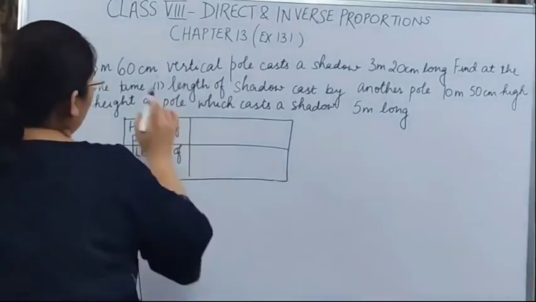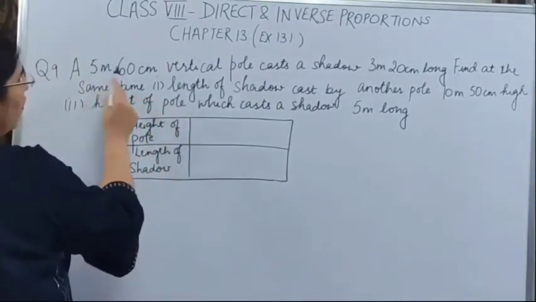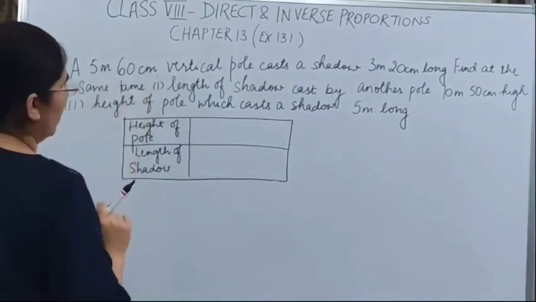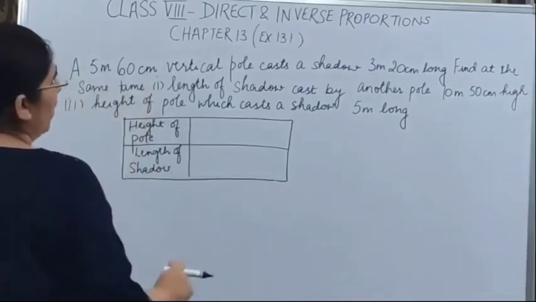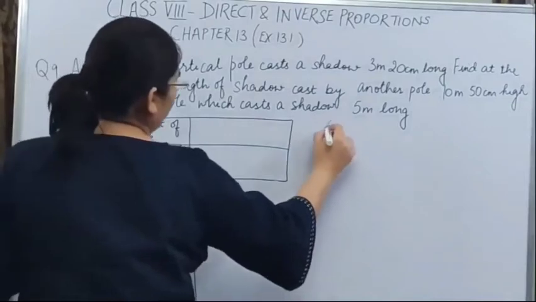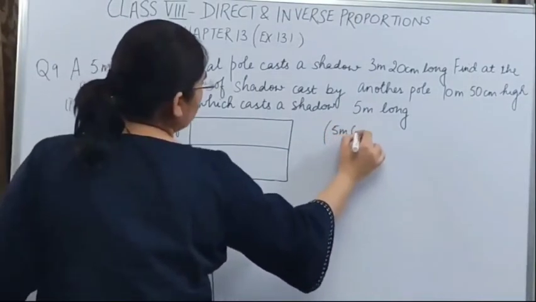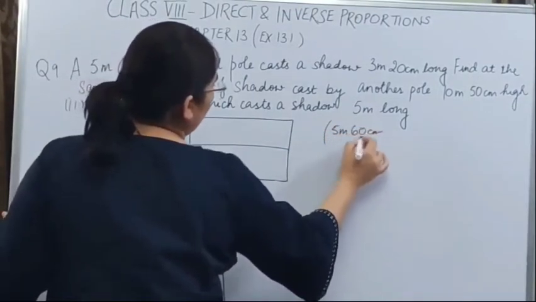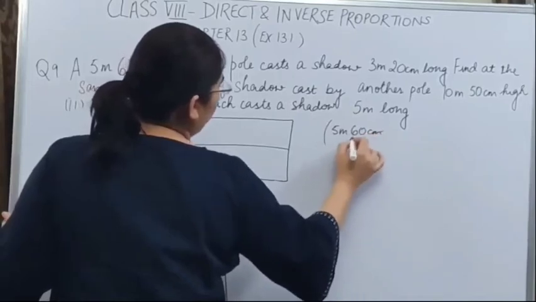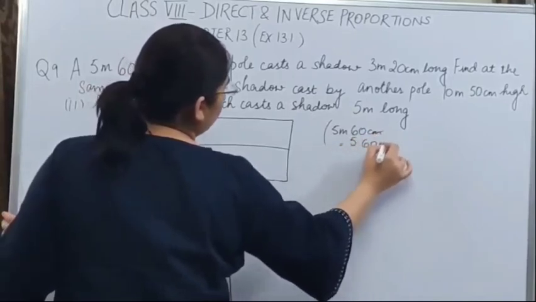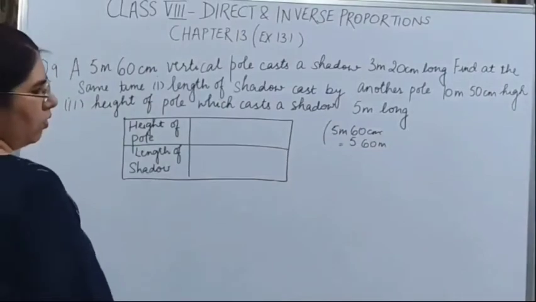Now this is a combination of meter and centimeters. So can I write 5 meters 60 centimeters as 5.60 meters? Yes or no?